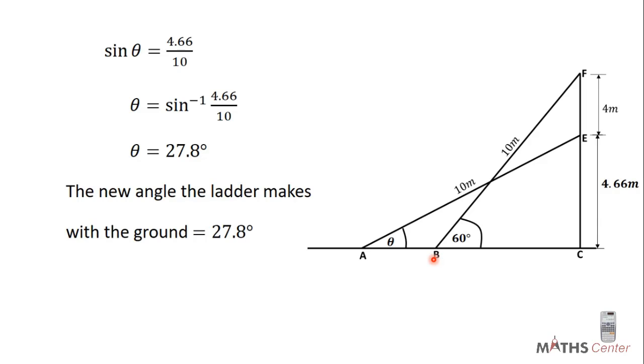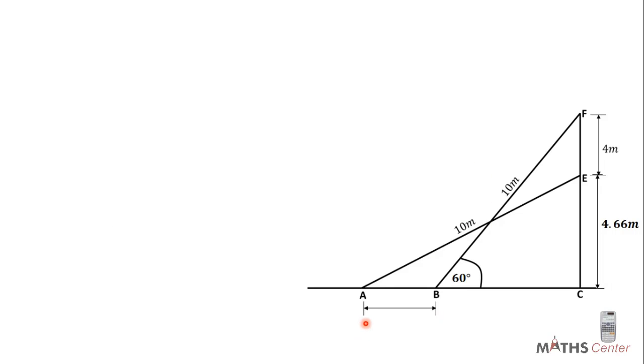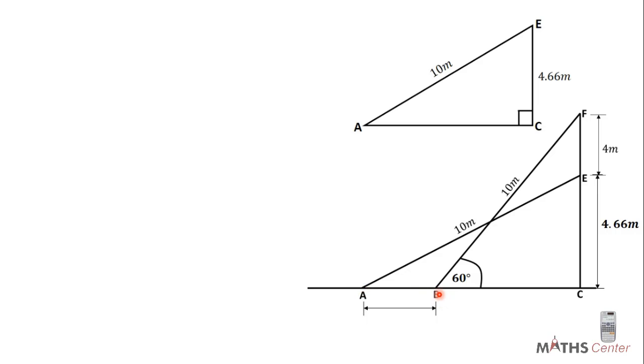Okay, so we can say that we are looking for this distance from A to B. That is what we are interested in. We are looking for the distance AB. Okay, so if we draw this right angle triangle here for the triangle AEC, you can see that AB is in AEC.